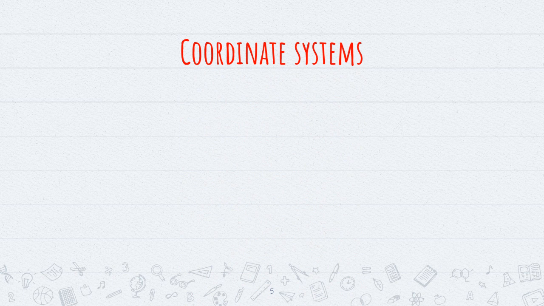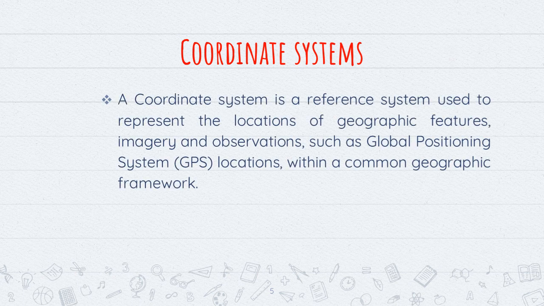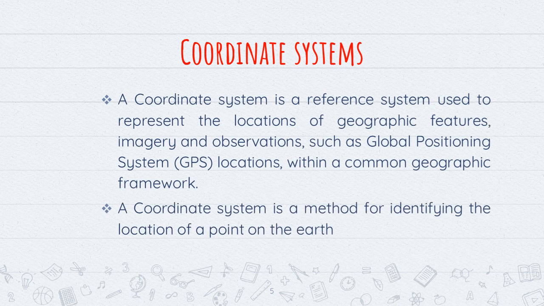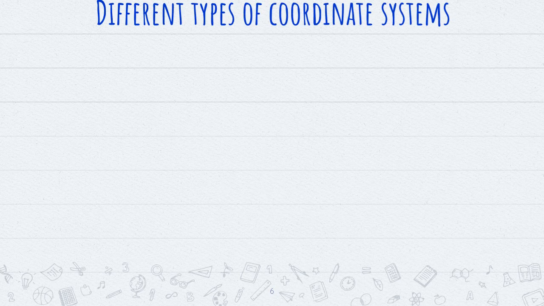To start with, what is meant by coordinate system? I already discussed this in detail. Just to quickly recap, a coordinate system is a method for identifying the location of a point. There are different types of coordinate systems.